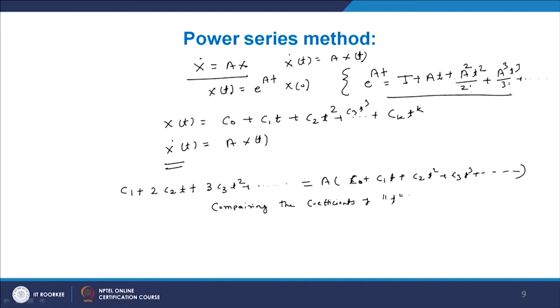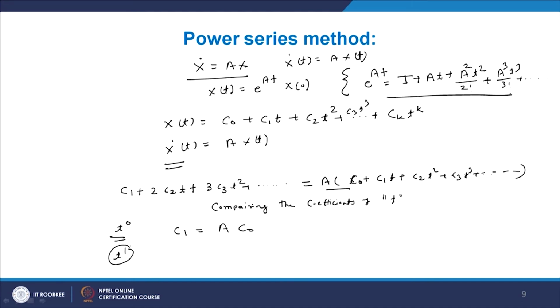Now, see here, for the term t raised to 0, t raised to 0 means 1. So, for this it is C1 and here it is A into C naught. Similarly, we compare the terms t raised to 1.